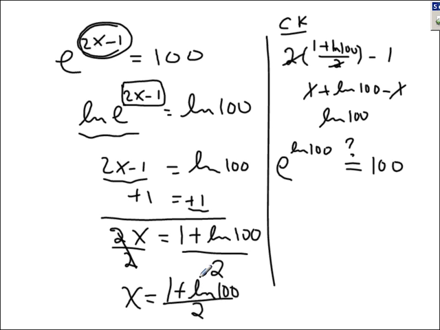The answer is yes. You have a to the log base a of 100. Note those are the same. Well then you get back 100. And the only difference is our a is e. Remember, ln is shorthand for log base e of 100.